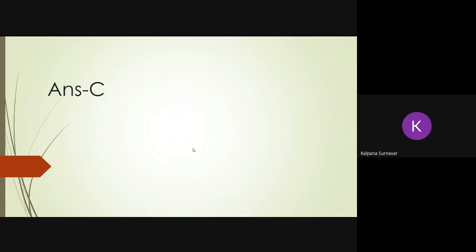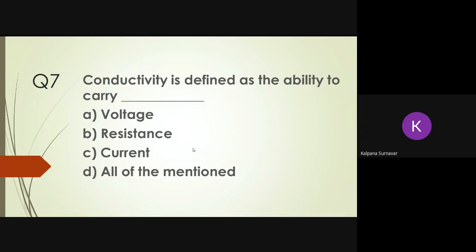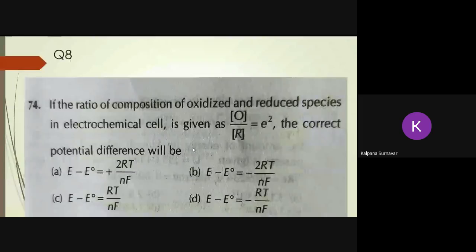Conductance means the flow of electrons from one electrode to another, and that can be measured on the machine. That's why the exact answer is current. Obviously, in the definition of the cell constant, the resistance is included, but current is the exact answer, because the flow of electrons is measured and electrons carry the current.